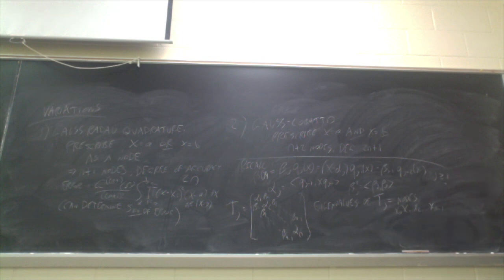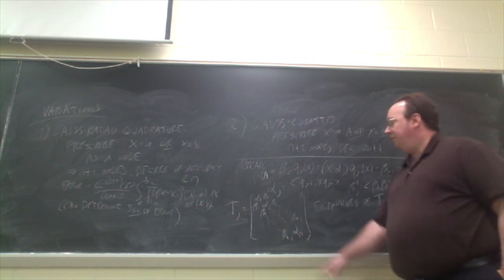And this is probably the best way, from a numerical standpoint, to compute the roots of Qn. Because you don't want to compute the roots of Qn using other means like Newton's method or other root finding methods, because round-off error accumulates as you go from one root to the next.